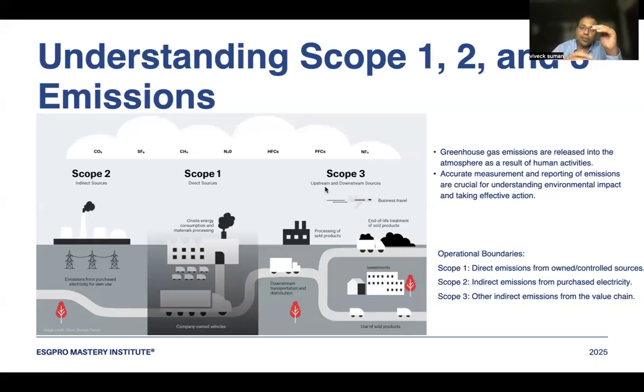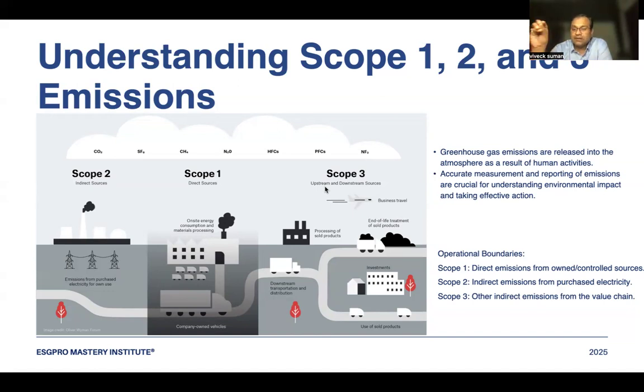That's scope 2. Scope 2 and scope 3 are both indirect emissions. Always remember, they are not from your own or controlled sources. It will never come like that. If it is, then it is a captive unit and it is part of scope 1. For example, captive coal-fired power plants.